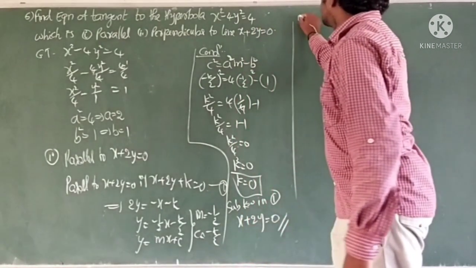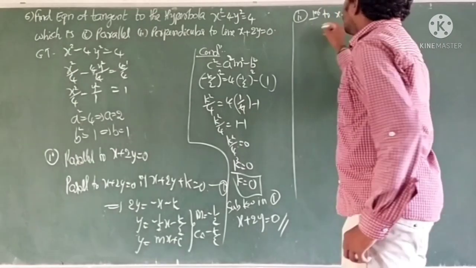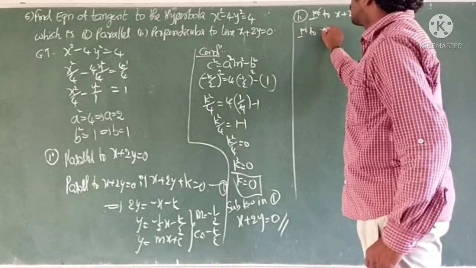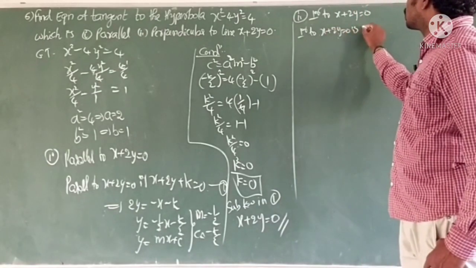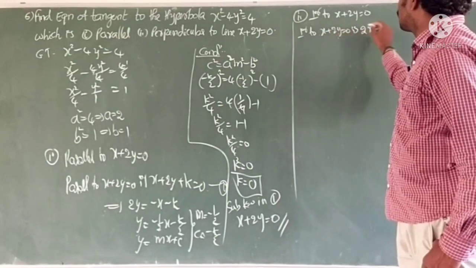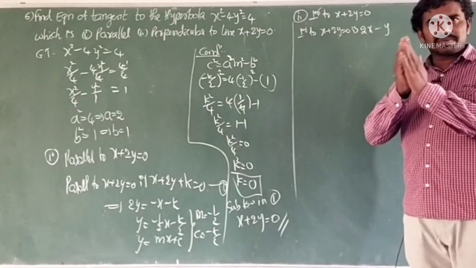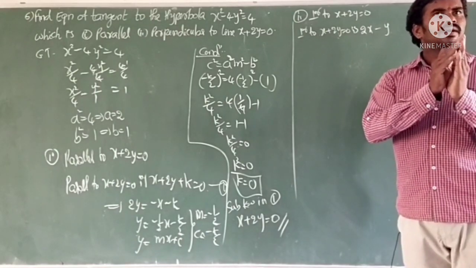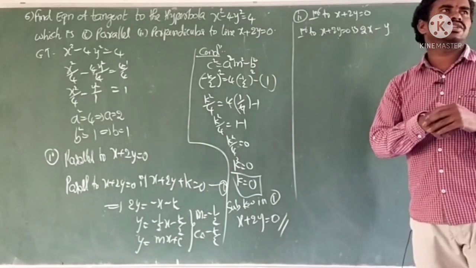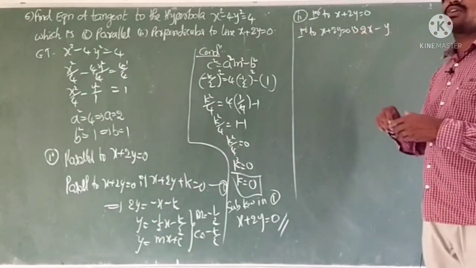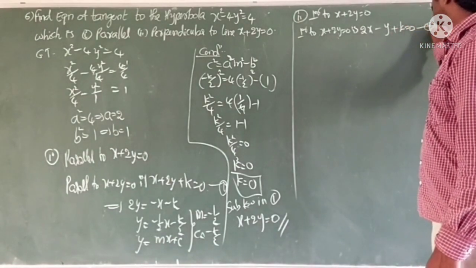Next, the second condition, perpendicular to the same line x plus 2y equal to 0. What is perpendicular to x plus 2y equal to 0? The y coefficient 2 goes to the x coefficient, 2x; the x coefficient goes to the y coefficient, 1y; and plus becomes minus.